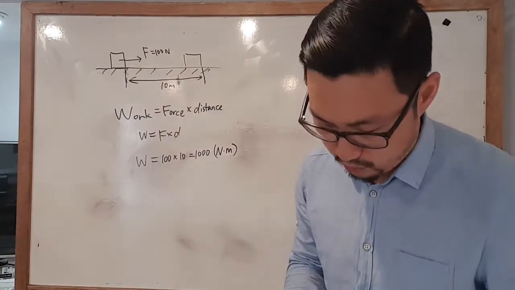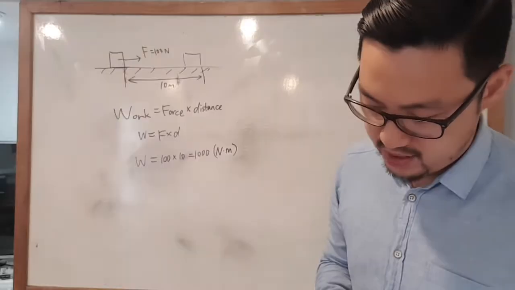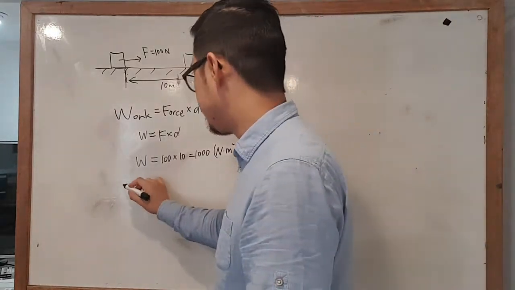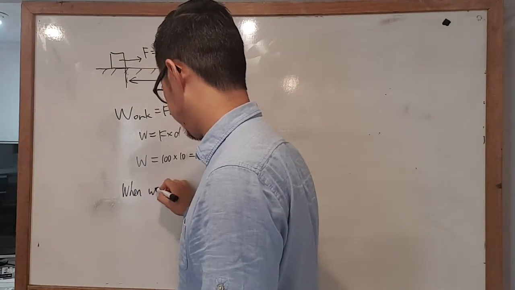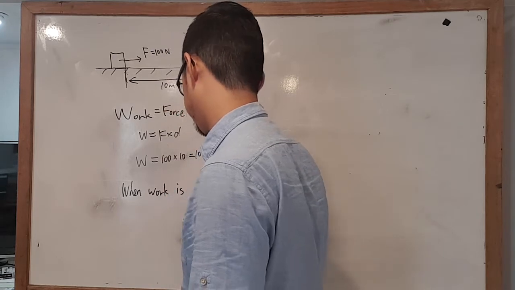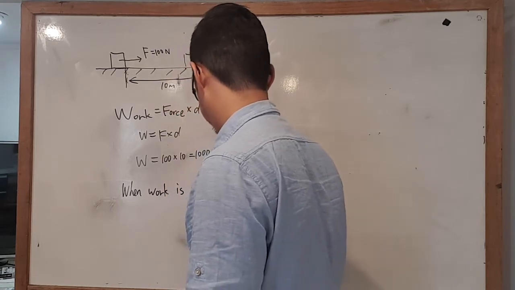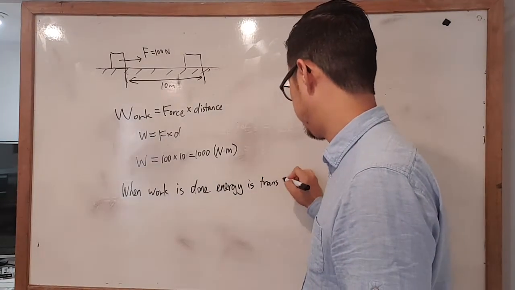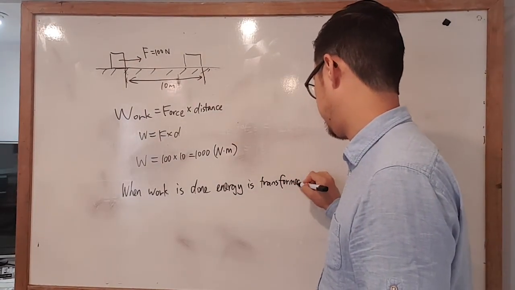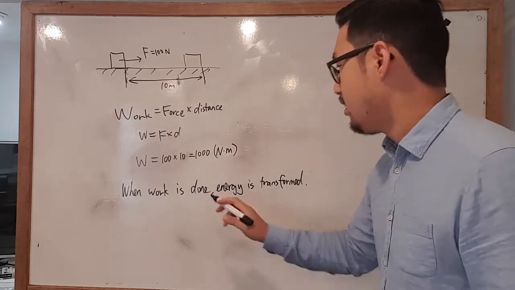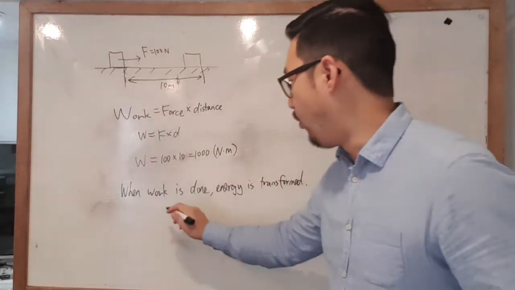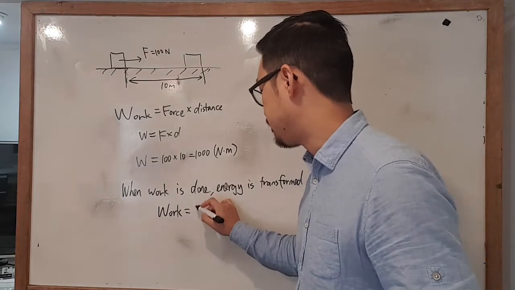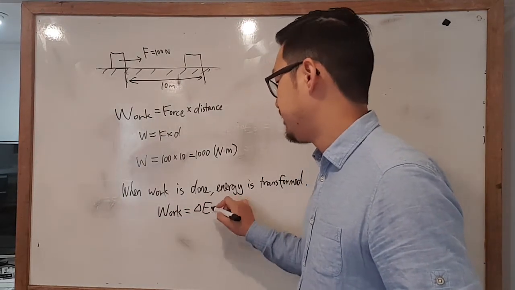Now we've also talked about something important: when work is done, energy is transformed. That's a key thing. When work is done, energy is transformed, so we say work equals the change of energy.